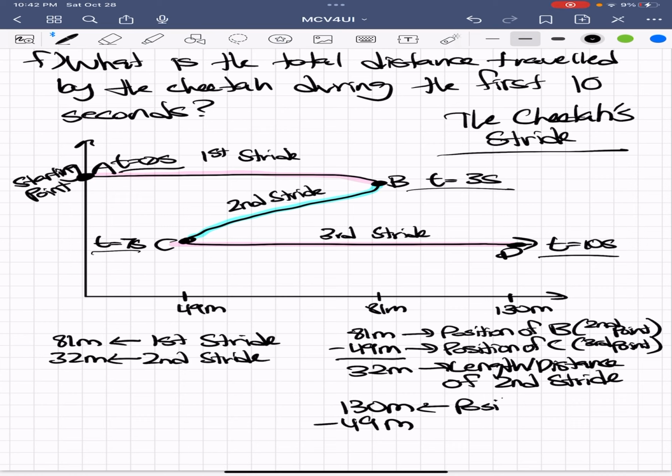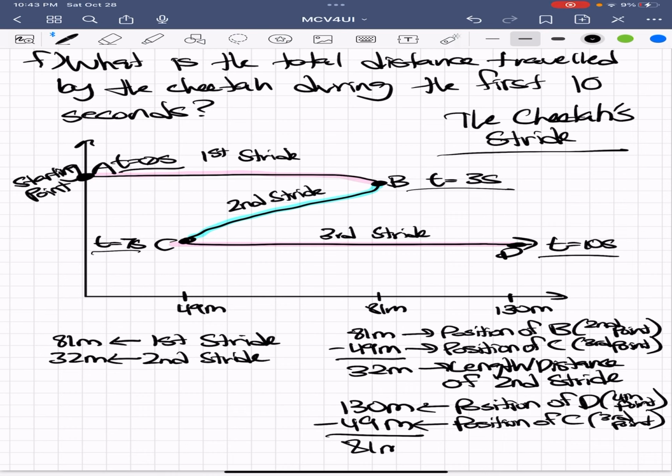So we have the position of D, that's the fourth point, and then we have the position of C, that's the third point, with 130 minus 49 equals 81 meters. Well, would you look at that? The first stride was 81 meters and the third stride is 81 meters.